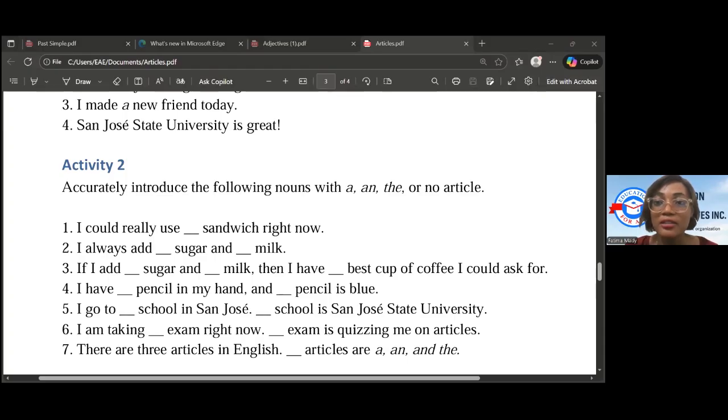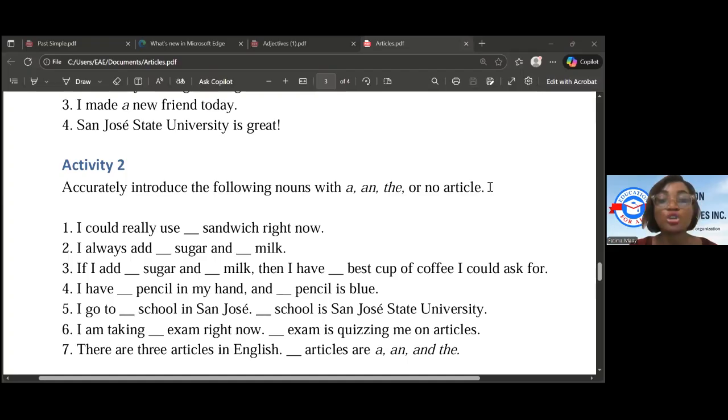Mariama, number 2, you can have it. And then Fadi, you're going to have number 3. I always add sugar and milk.